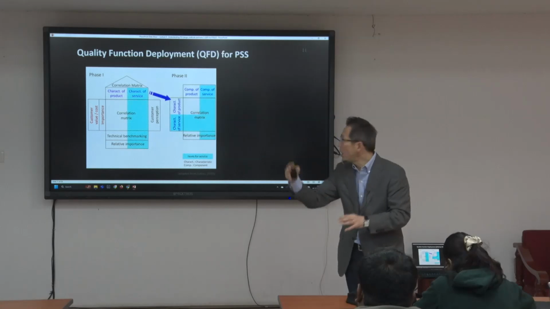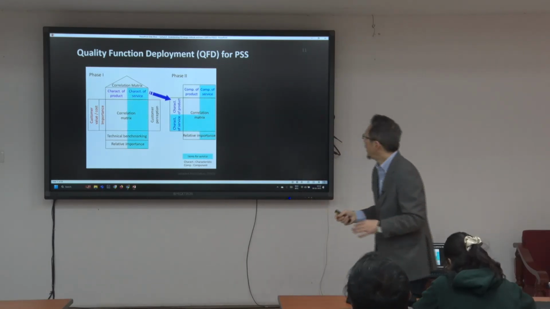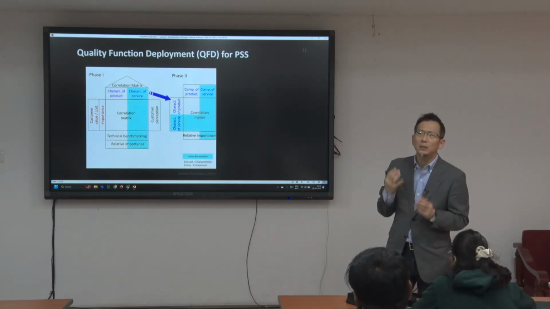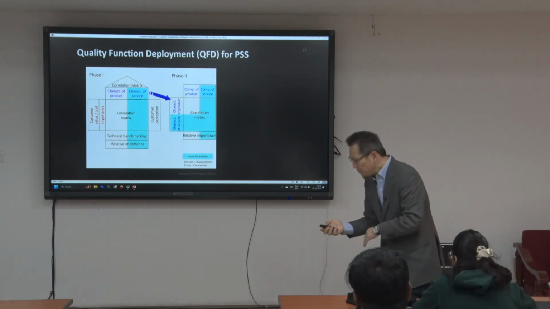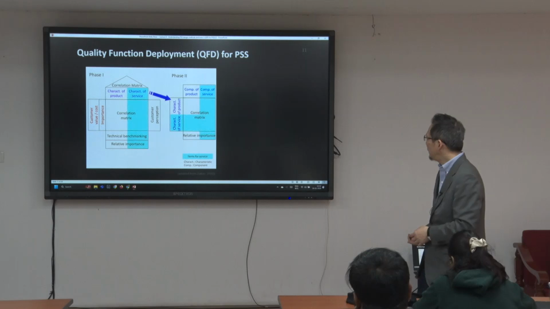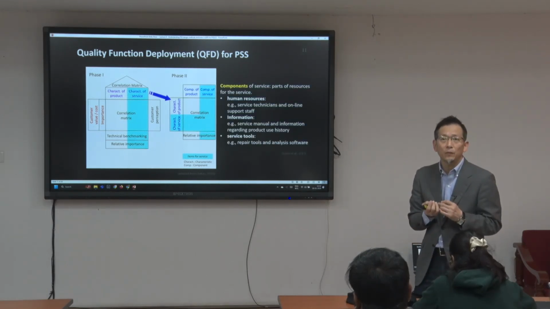Tires. So those are physical components, physical entities. But then what are such entities for a given service? It can be different ways of describing such components for a service.